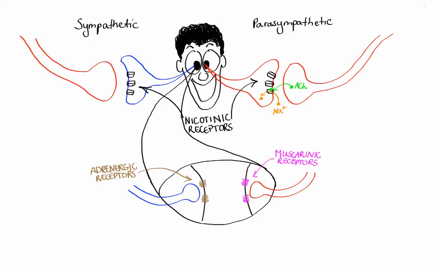Now, adrenergic and muscarinic receptors are of a type known as metabotropic receptors. And unlike the ionotropic receptors, the metabotropic ones are all linked to G protein that acts via intracellular second messengers. And this is discussed in more detail in the pharmacodynamics video, so please check it out.